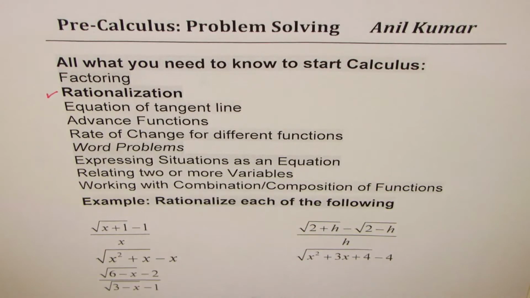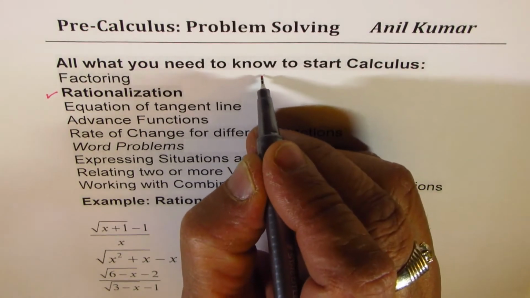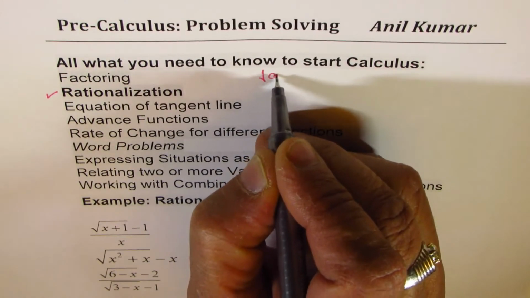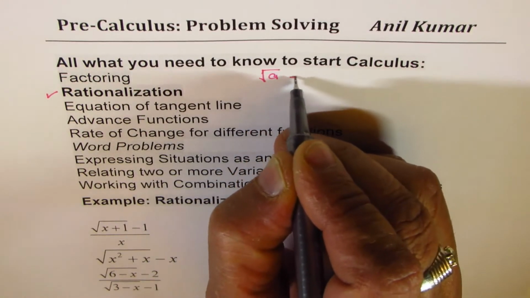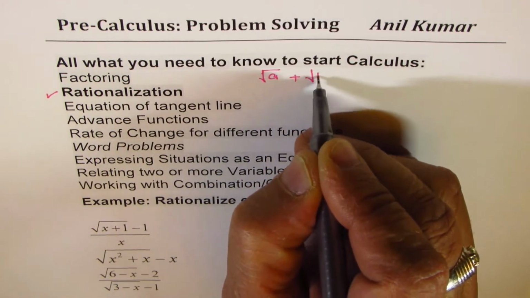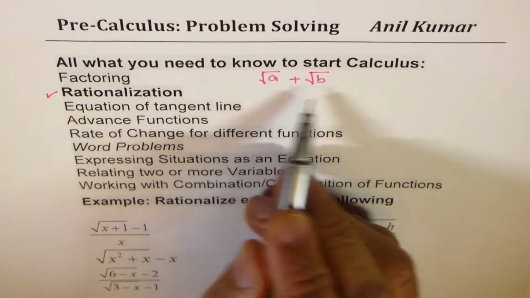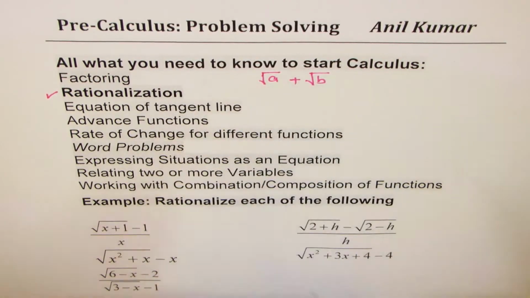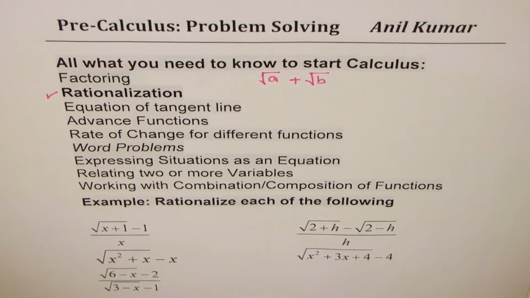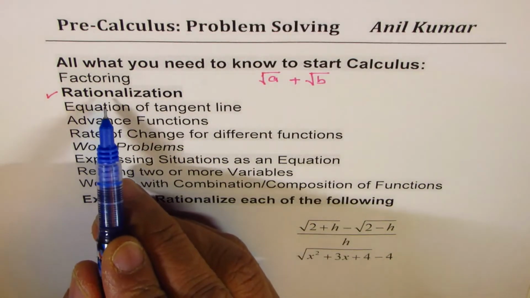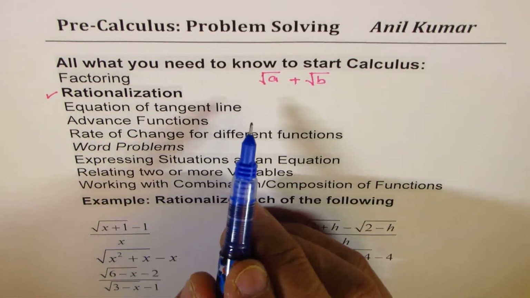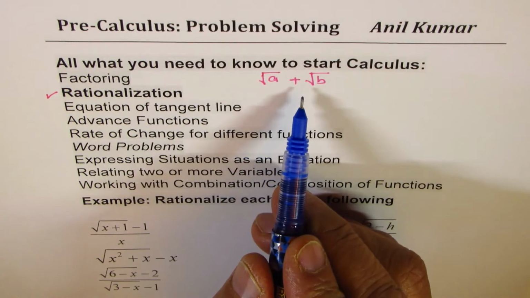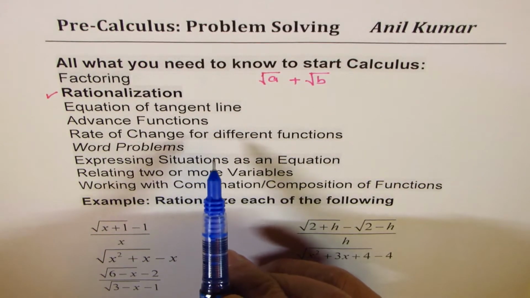So the idea here is to work with radicals like, let me give you an example. If I have an expression like square root of a plus square root of b, it is really very difficult to work with these normally. So what we do here is we apply the technique of rationalization to make them simpler to understand.